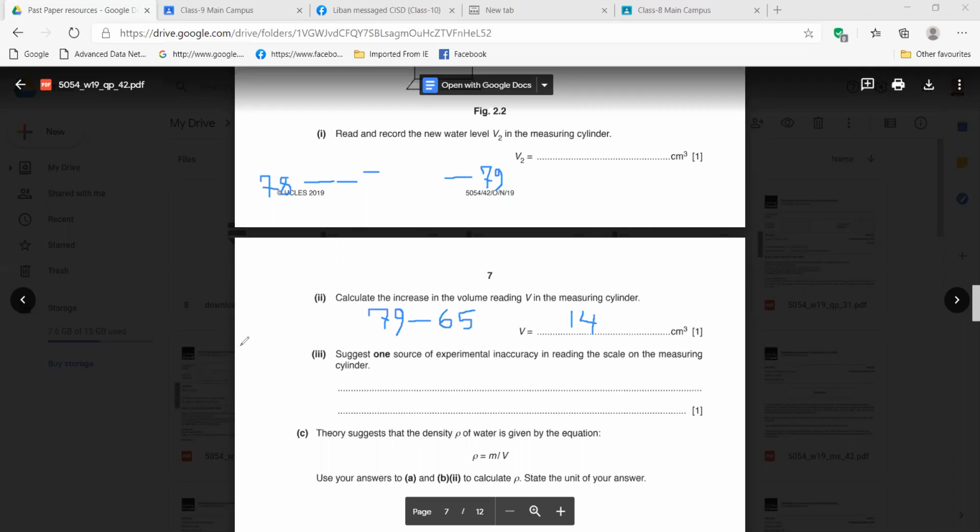Sir, we should use a more calibrated one. Here per line it is 2 centimeter cube. We should want the 1 centimeter cube one, so it will be a bit more accurate. Yes, we can use 1 centimeter cube, or we can also use 0.5 centimeter cube, and it would be more accurate.